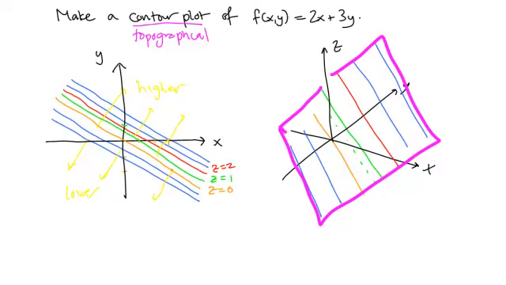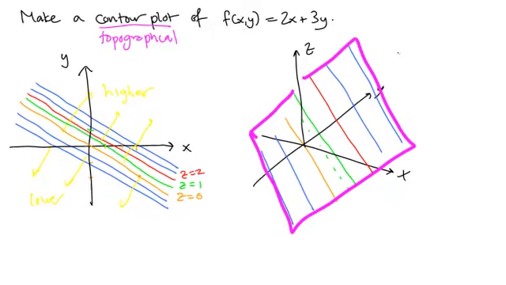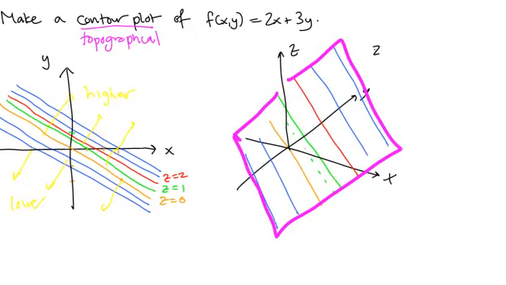Does that make any sense? Well, remember that the graph of this function is nothing more than the equation z equals f of x, or z equals 2x plus 3y. If I move that around, that's 2x plus 3y minus z equals 0. And that's the equation of a plane from one of our previous topics.